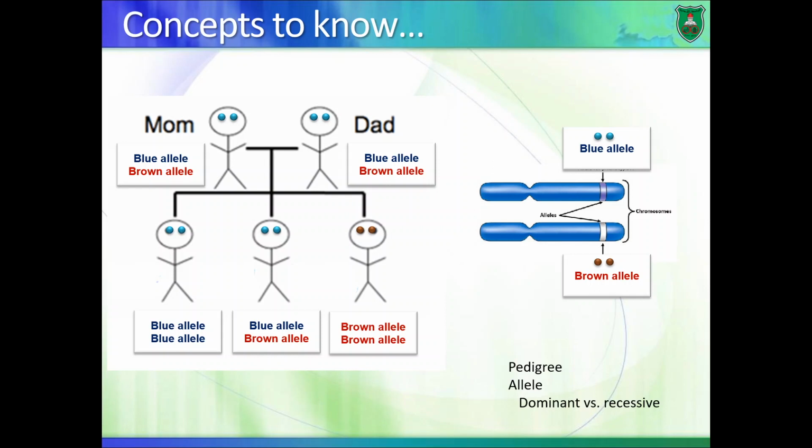And indeed, if we look at the genotype, the alleles that this child has, we notice that this child has both alleles being brown, okay? So this is a pedigree. Now we know what the meaning of allele is. It's a type of a gene. And now we know what dominant and recessive mean, as well as homozygous and heterozygous.